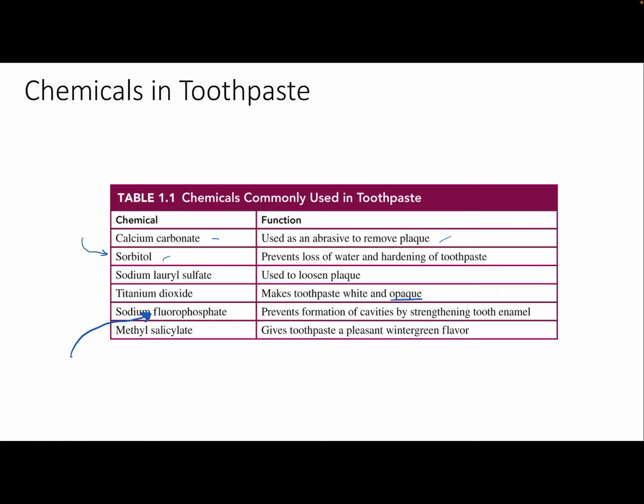I know fluorine is in some levels good for your teeth. So that may be the source of it there, the sodium fluorophosphate. But the next time you're looking at your labels, now you'll at least know what some of those things do. And even if it's slightly different, like titanium trioxide instead of dioxide, or something like sodium or potassium lauryl sulfate, it'll give you an idea of what that chemical is doing.